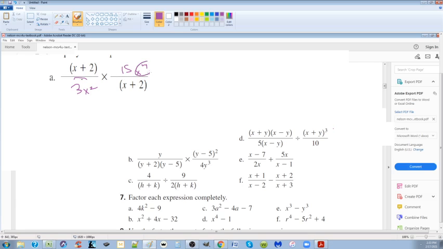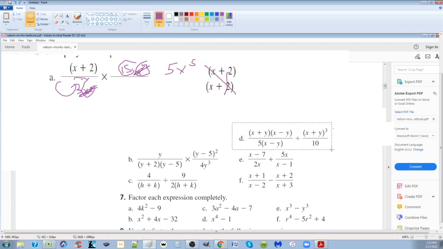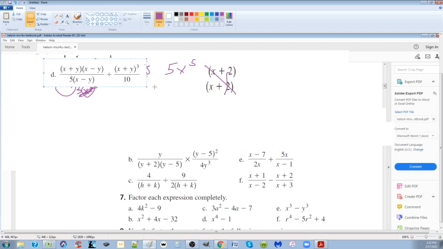Already, I can see I have x to the 7 divided by x to the 2. So I'm just left with x to the 5. And I have 15 divided by 3. I'm just left with 5. Now, I'm left with this up top. 5x squared times this divided by this. Very easy to see that these cancel out, and I'm just left with that. So simplification is a good skill to learn, and sometimes you'll want to learn it.